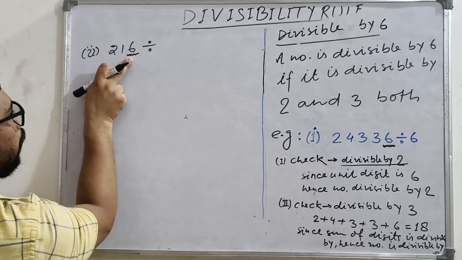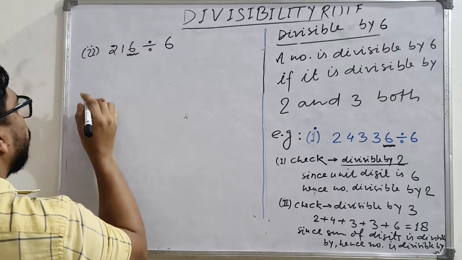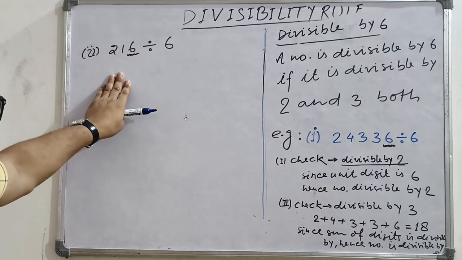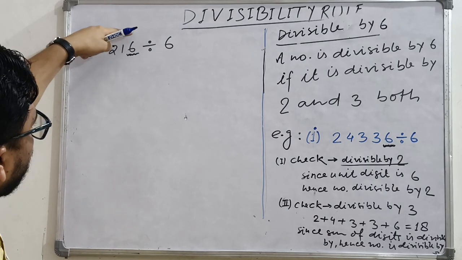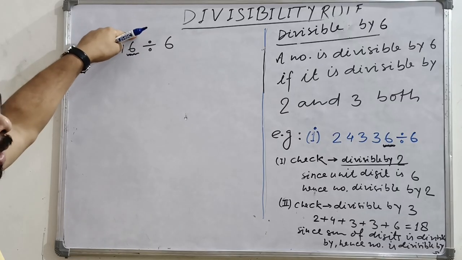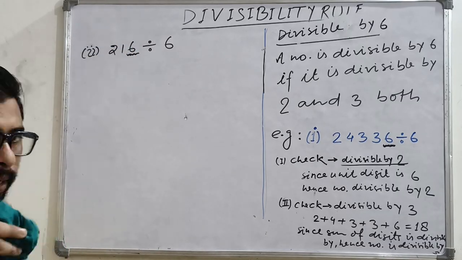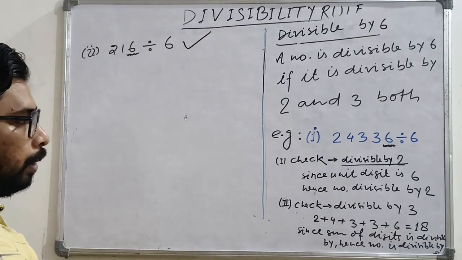Since the unit digit is 6, it is divisible by 2. Now we have to check one more, divisibility by 3. Sum of all digits: 2 plus 1 plus 6. How much is it? 2 and 1 is 3, 3 and 6 is 9. And 9 is divisible by 3. Hence, the number is divisible by 6.